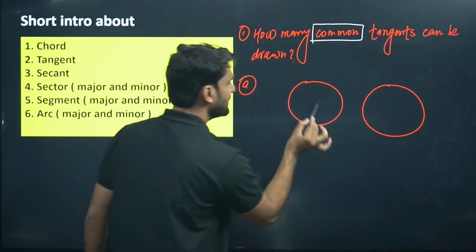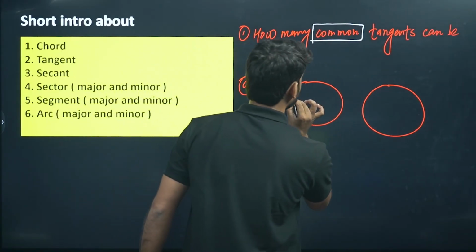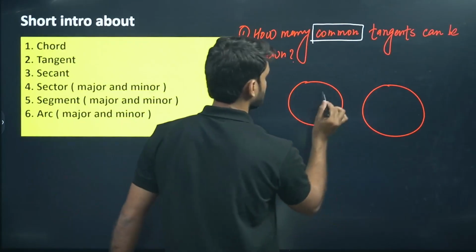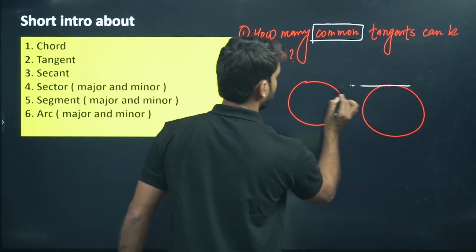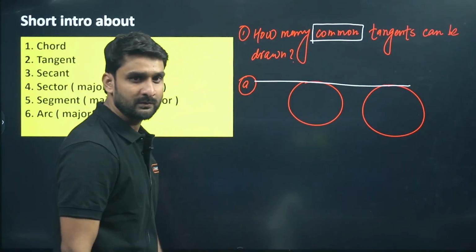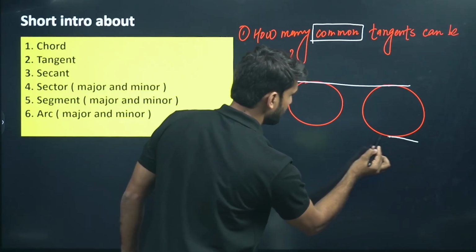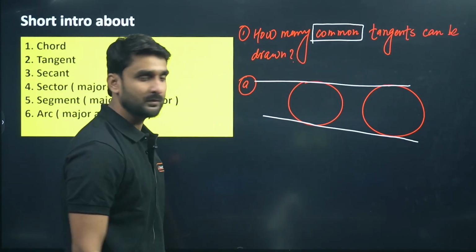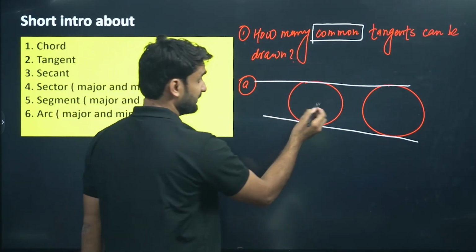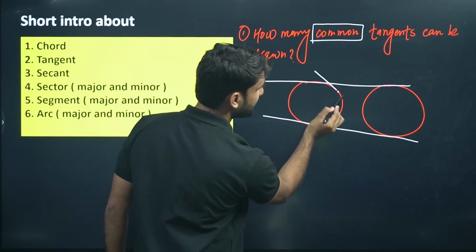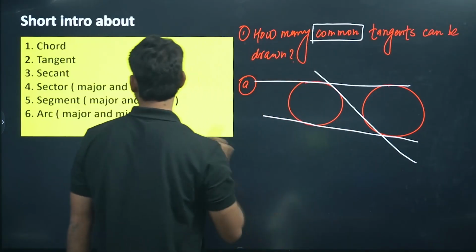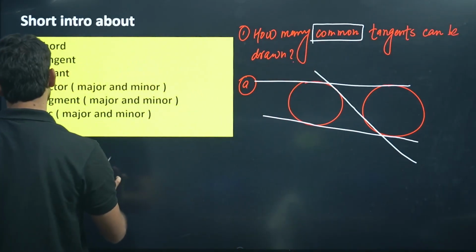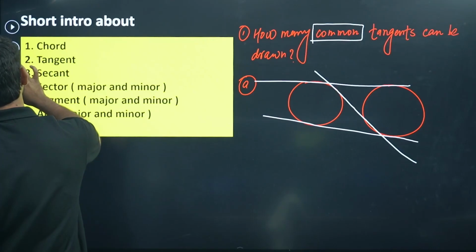So the common tangents can be drawn here. The first common tangent can be this. The second common tangent can be this. And since the circles are separated, the third common tangent can be this.